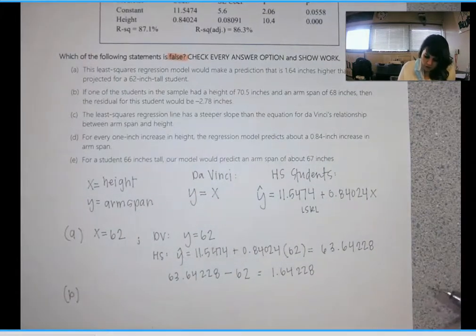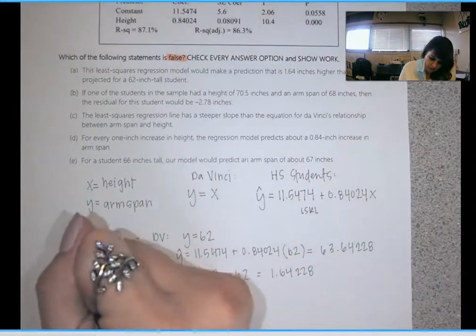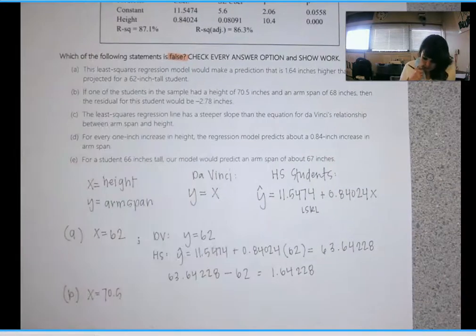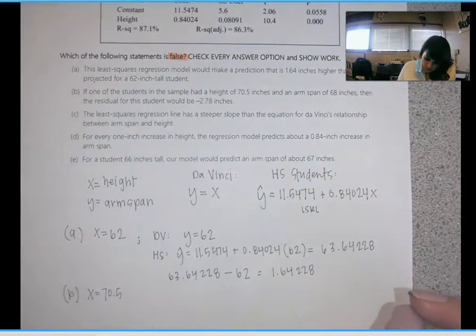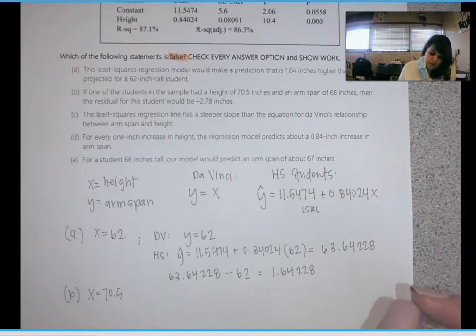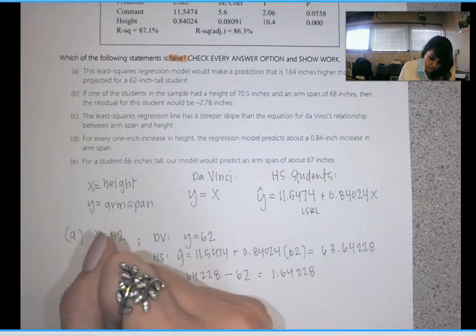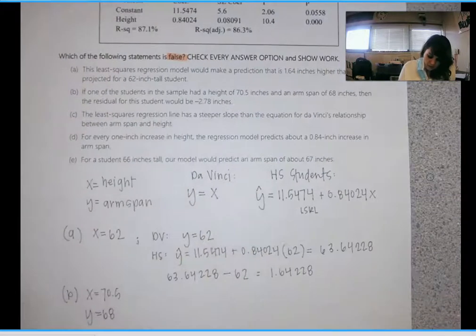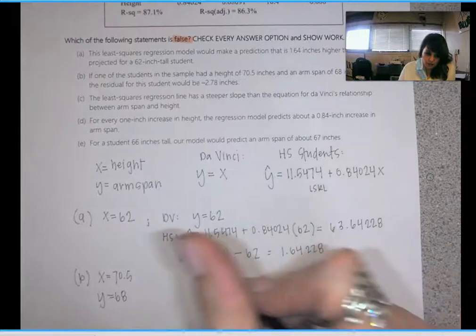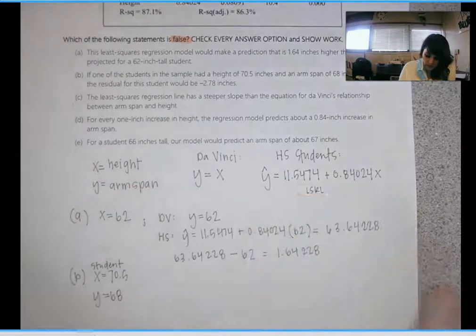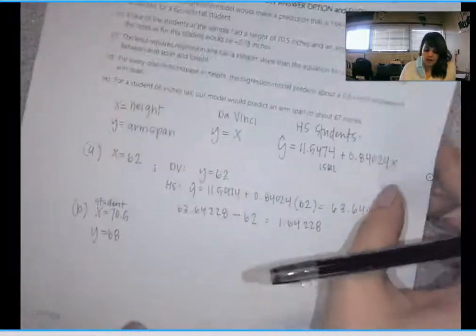Okay, B. If one of the students in the sample had a height of 70.5 inches, okay, height 70.5, that's X, and an arm span of 68 inches, that is Y. So we have a student, an actual student, with this combination of height and arm span.